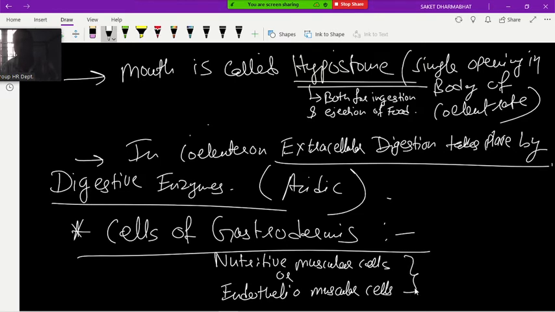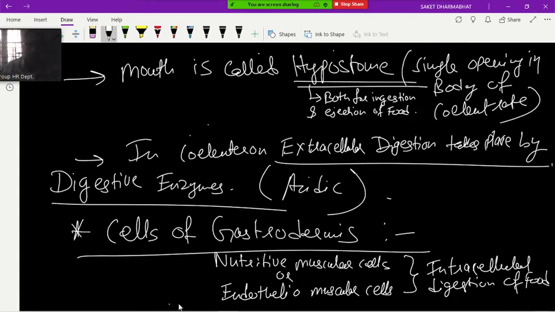So what is the function of the nutritive muscular cell? Intracellular digestion of food.